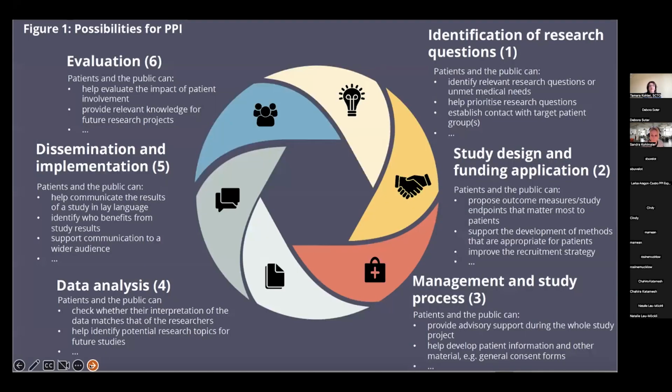We also give some examples or recommendation possibilities for PPI using the attached graphic, starting from the planning phase of a clinical trial, during the clinical study project, or also after the clinical study project. I'm not going into more detail here, as you will get concrete examples later on, and you will see this graphic a couple more times in other presentations from my colleagues.